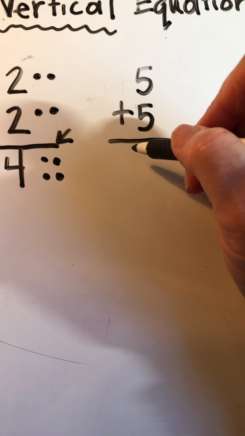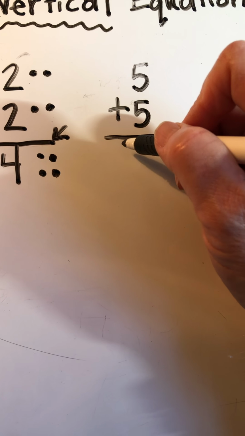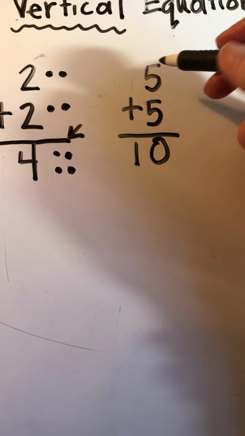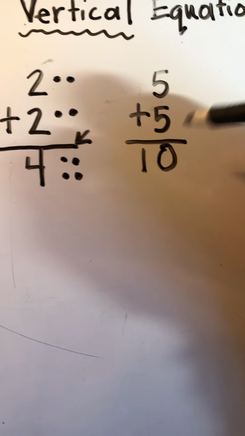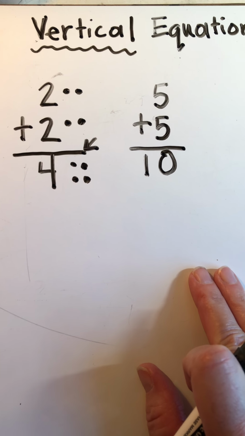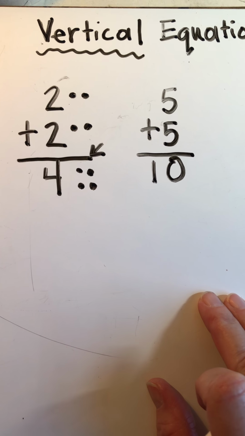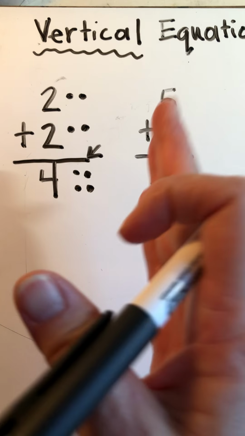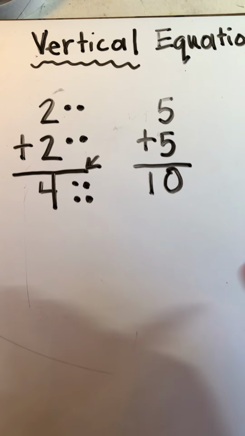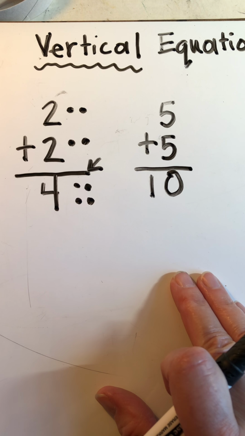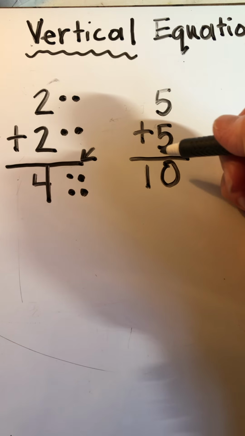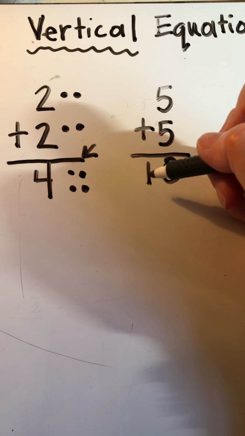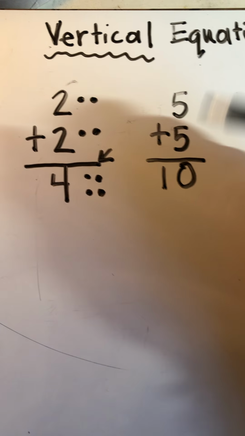I'm actually going to pay attention to where I line up my tens place and my ones place, so that I'm getting ready to do some bigger math problems later on in school. It's going to really matter that we have our ones and our tens lined up. So right now, while we're doing just some easy little facts, go ahead and line those up. Line up the ones place and the tens place in your answer.